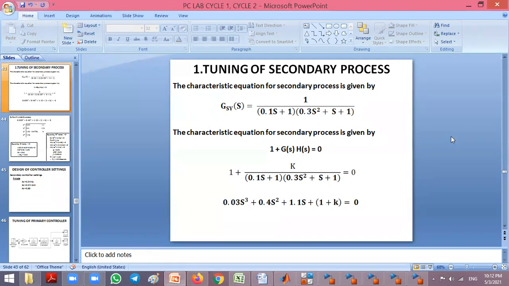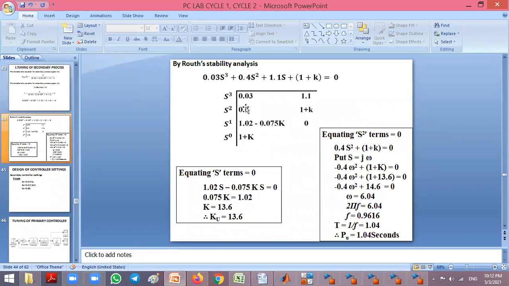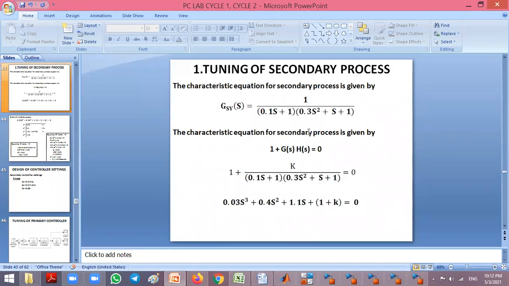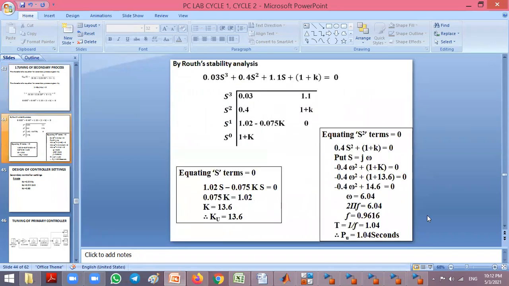Now you apply the Routh criteria. I'm recalling the same equation from the previous slide for the Routh stability analysis: 0.03 S cube plus 0.4 S squared plus 1.1 S plus 1 plus K is equal to 0. First you write the odd terms.